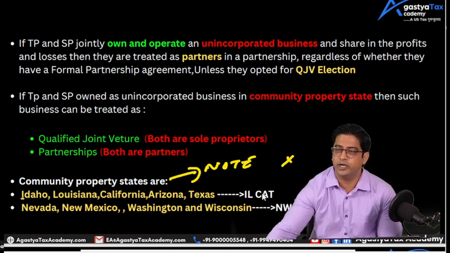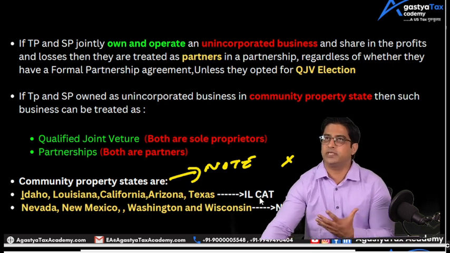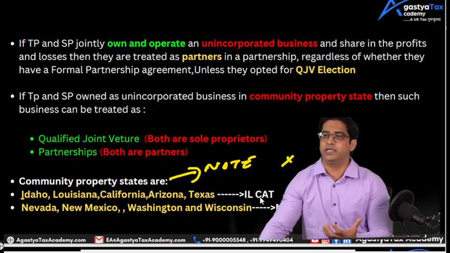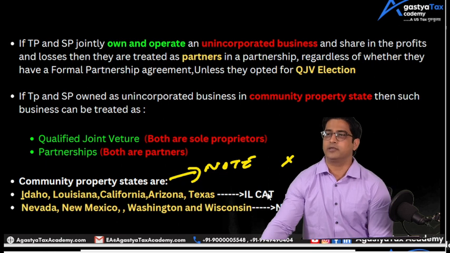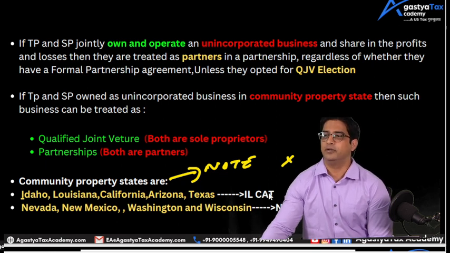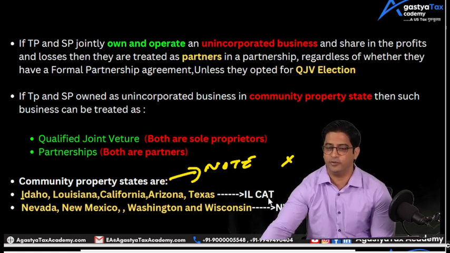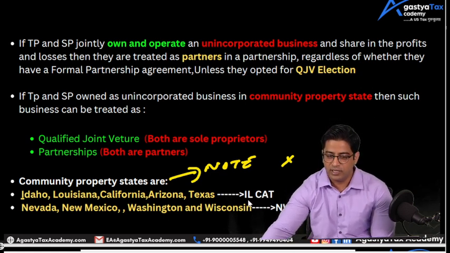Community property states are the states that like cats. Just remember this acronym: I love cats now.